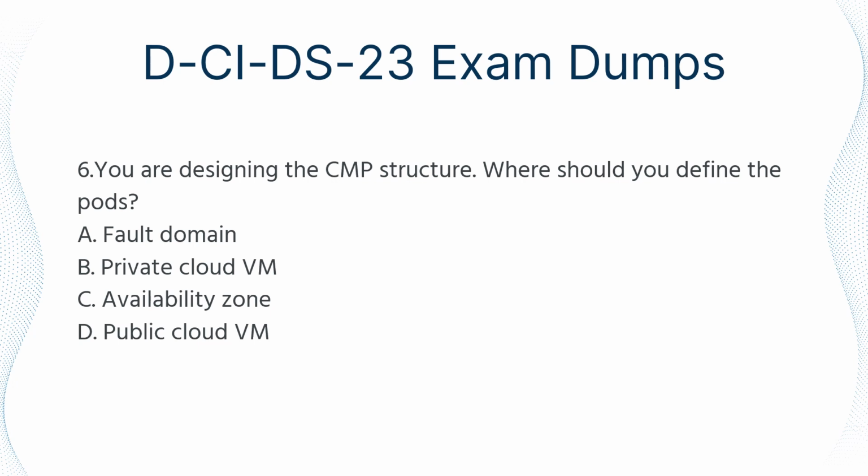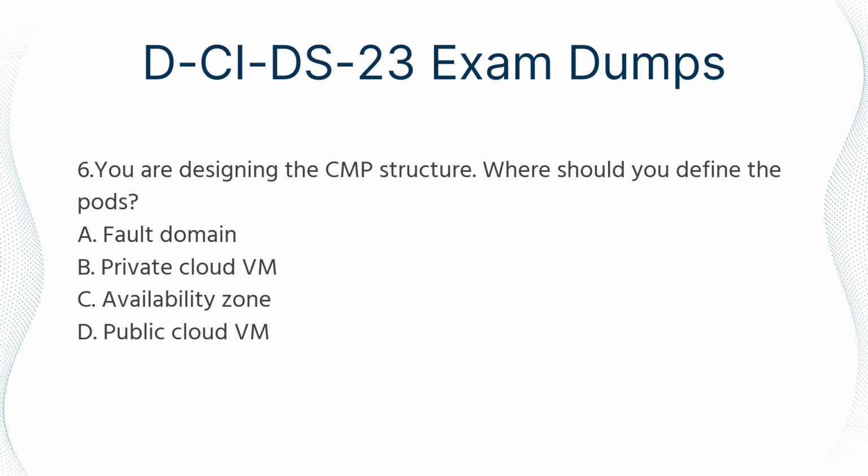Explanation. Availability zones are distinct locations within a region, usually separate data centers, that are isolated from each other in terms of power, cooling, and networking. Defining pods within availability zones allows for redundancy and fault tolerance.